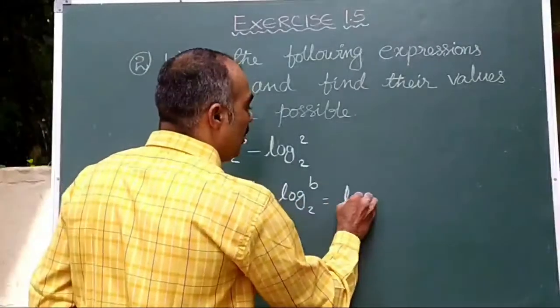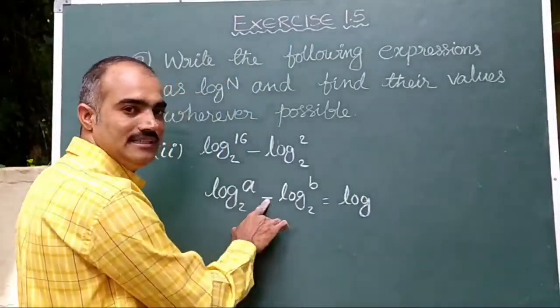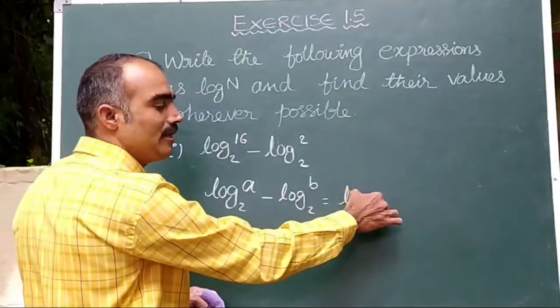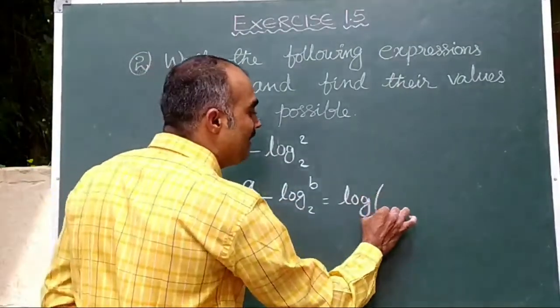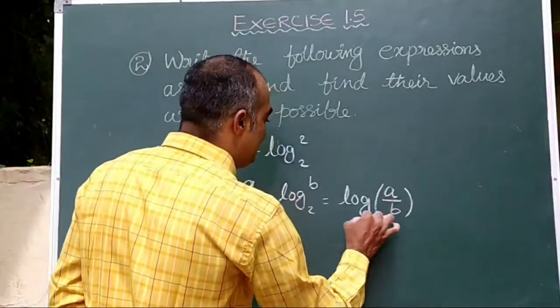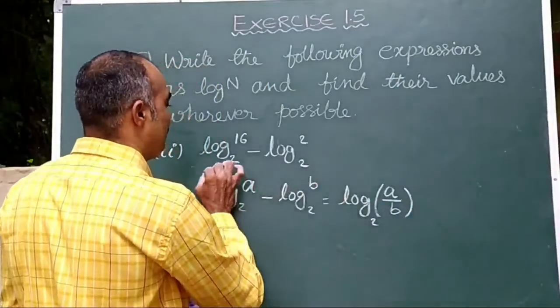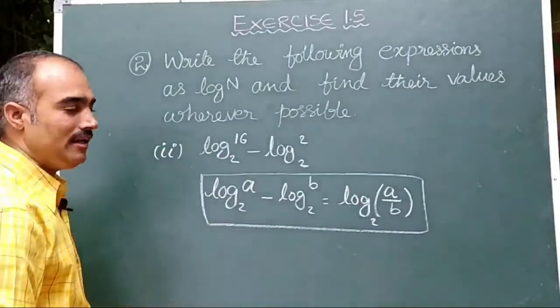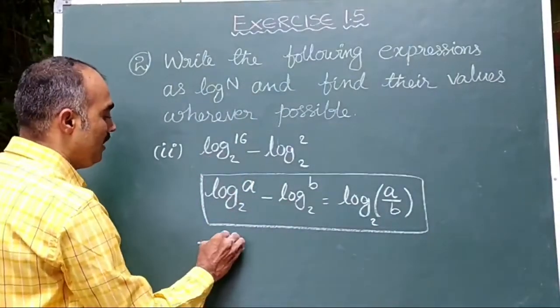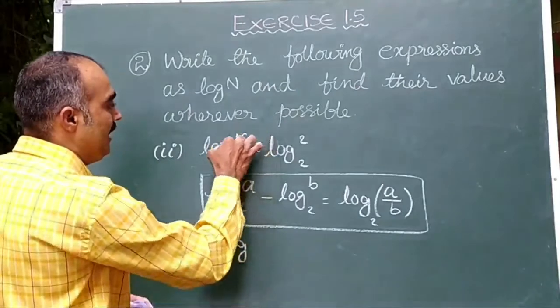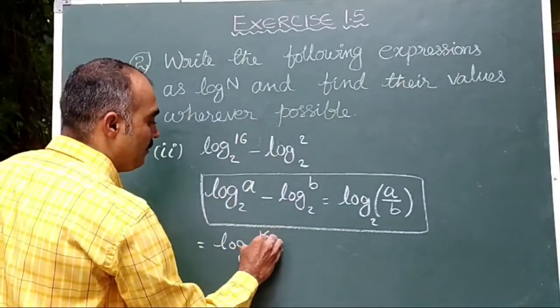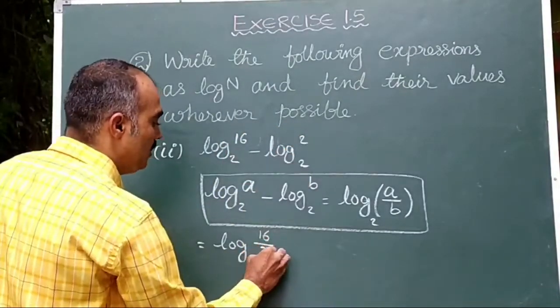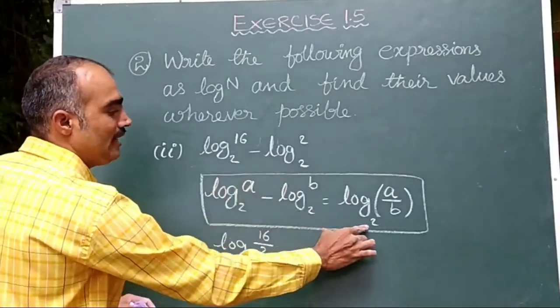Whenever addition is there, multiplication; whenever subtraction is there, division. So the same base can be written. Let us apply this formula here. It is simple, it is log of A, which means 16, by B, which means 2, and in these two bases we can write one base like this.